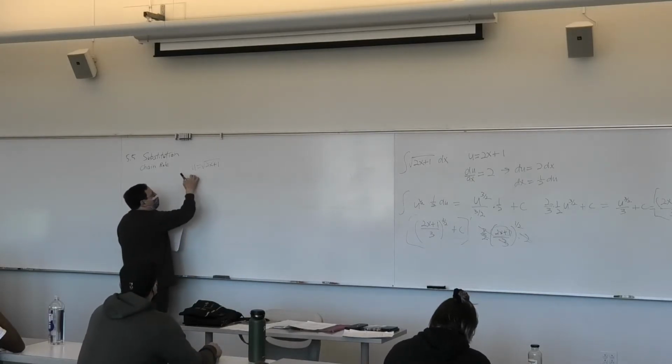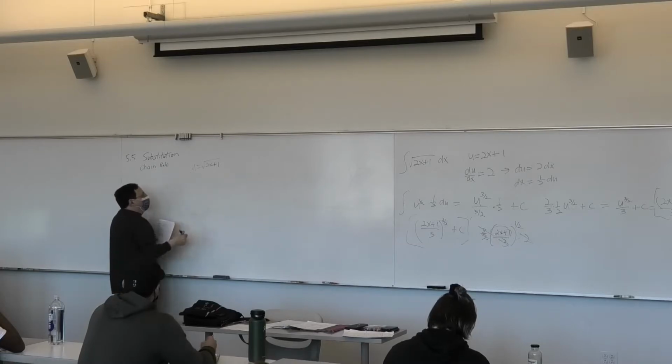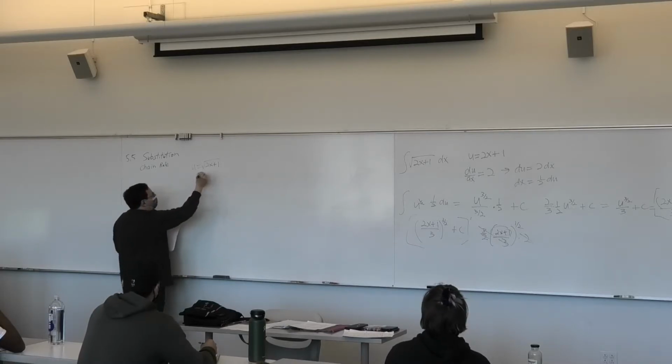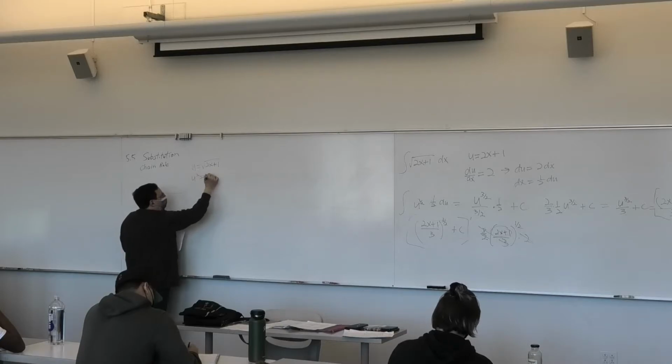Now, I want to find du here, but you can just figure it out directly, find what the root is. But it turns out you can do this trick. This is u squared is 2x plus 1.